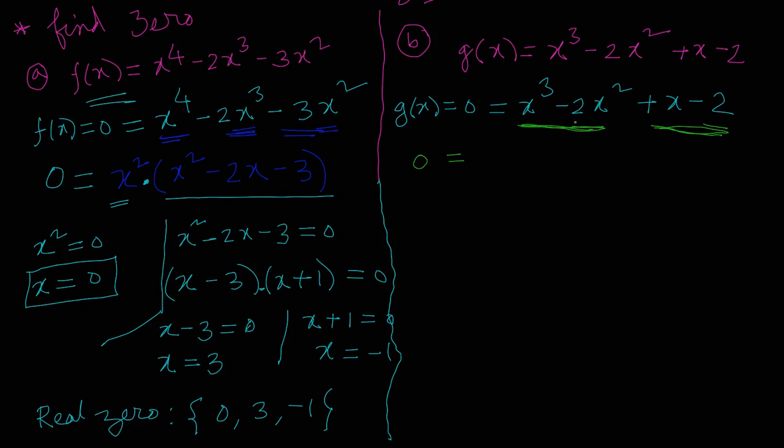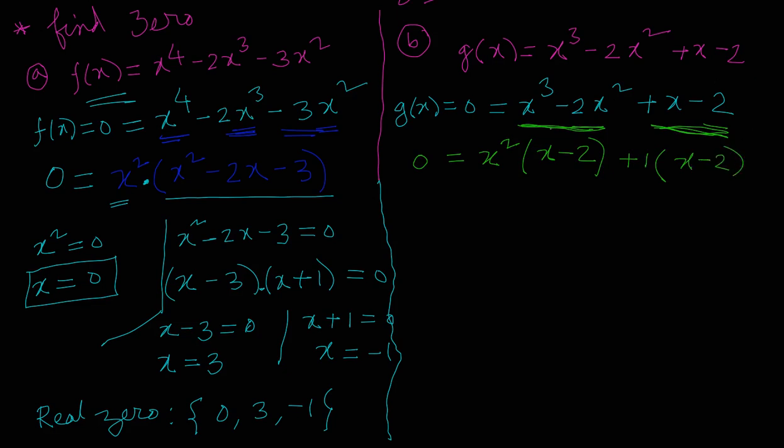So let's try these two. From these two terms I can take x square as common. So x square as common, so what am I left with? x minus 2. And out of these two terms there is nothing common, only 1. So let me take plus 1 as the common term, and I am left with x minus 2.